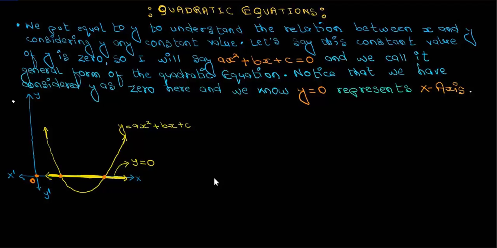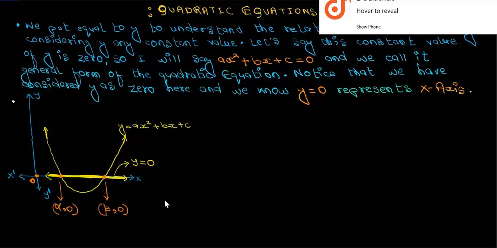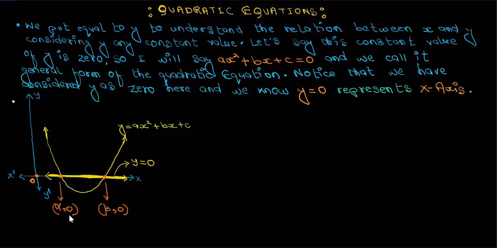So for this parabola, the solution is the 2 points of intersection. Because this is the x-axis, the y value is 0. Let's say the x value for this point is alpha, and for the other point the coordinates are beta comma 0.